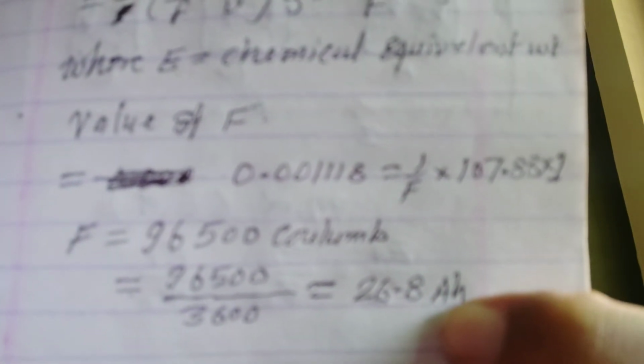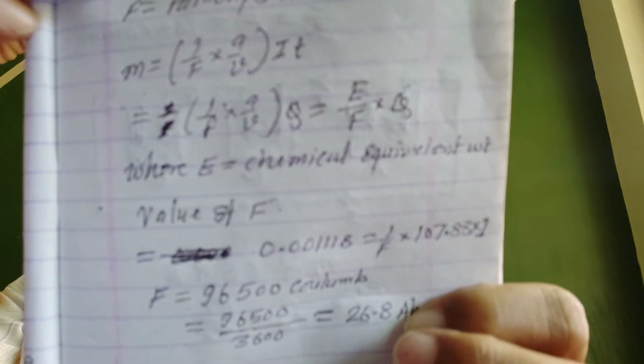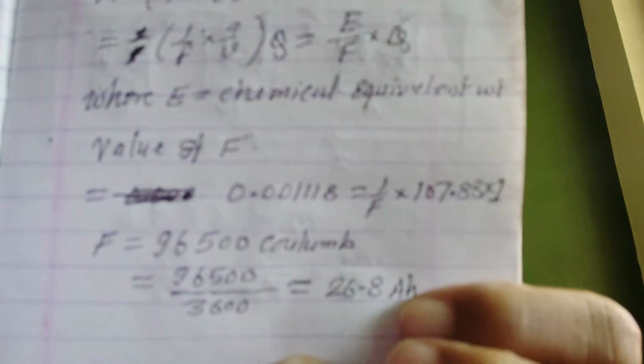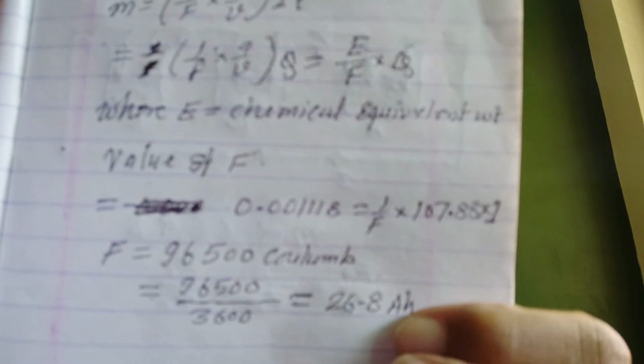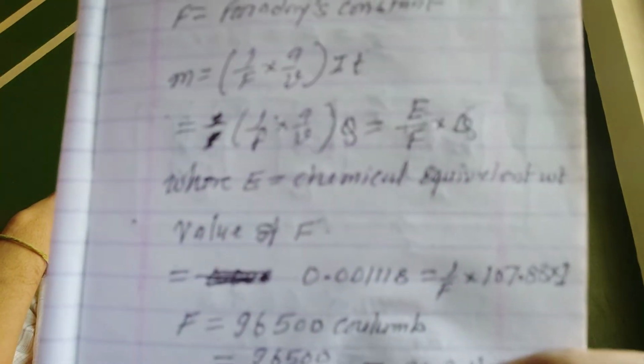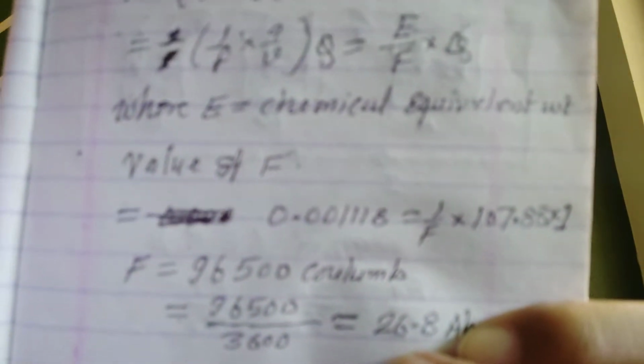So this ampere hour is the basic unit of the capacity, the energy contained in a chemical effect of electric current. It means whatever electrolyte or battery you selected, that will give its rating in ampere hours. So the higher the ampere hour, the longer the battery will run, that is, the time of the battery.